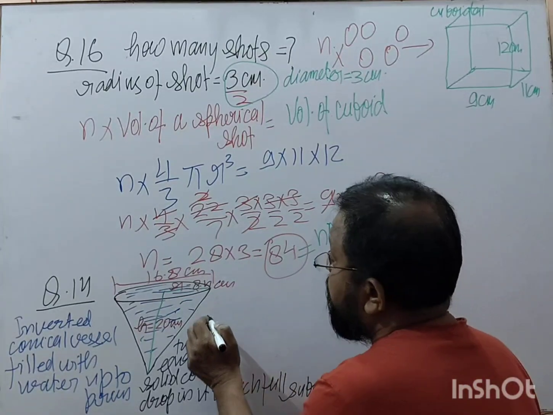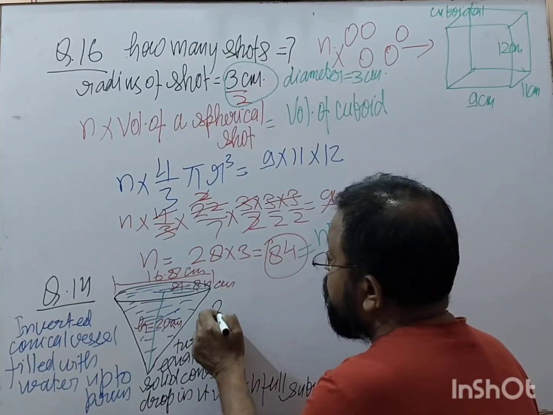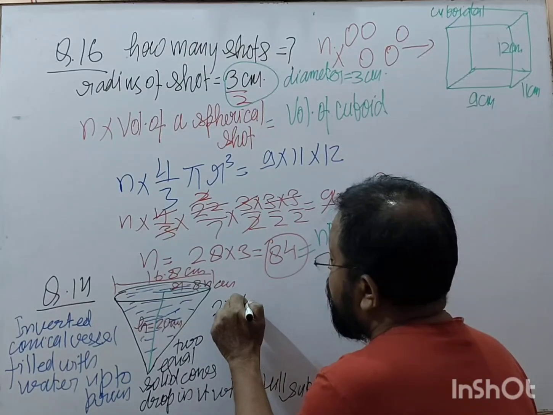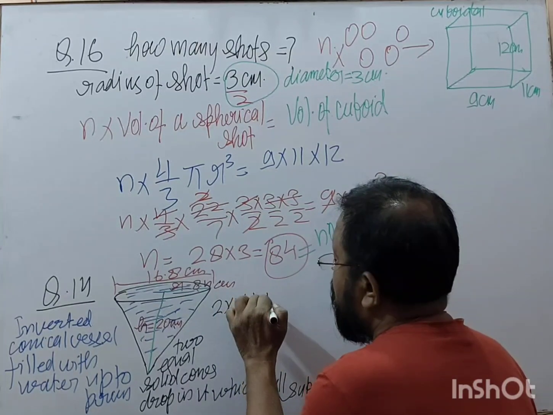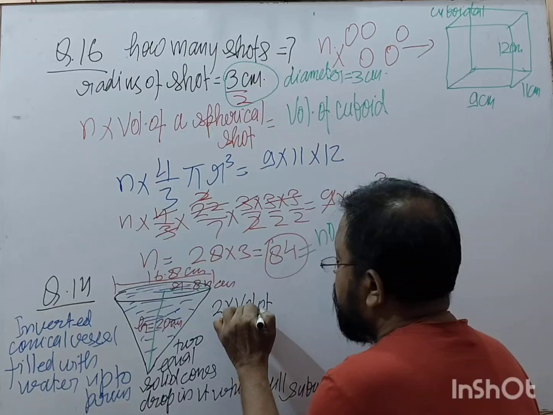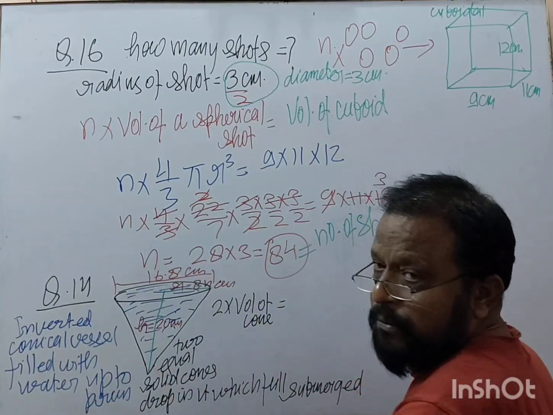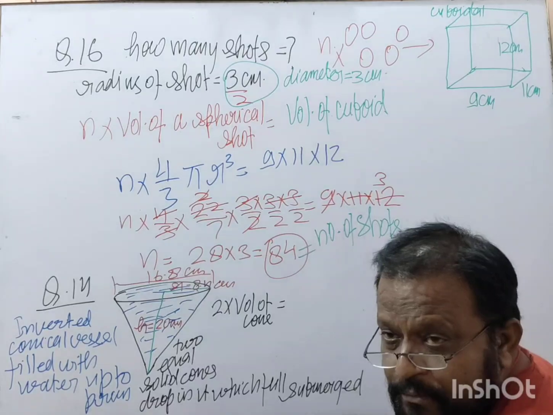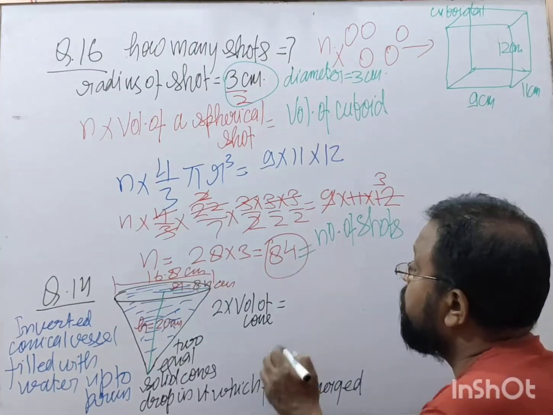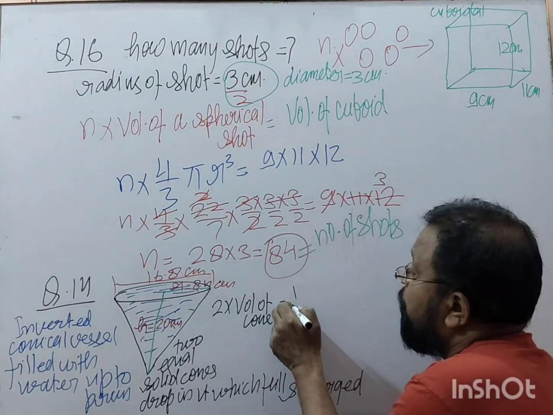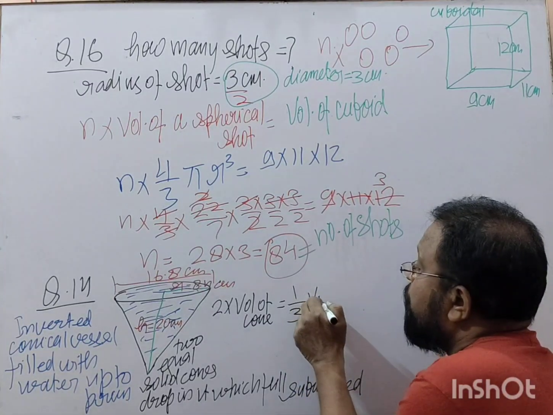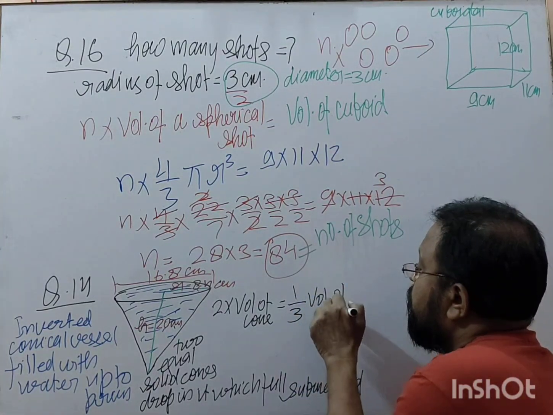Right, so what happened here? 2 into volume of cone is equal to how much? How much volume? 1/3 of the water in the original cone. 1/3 of volume of cone.